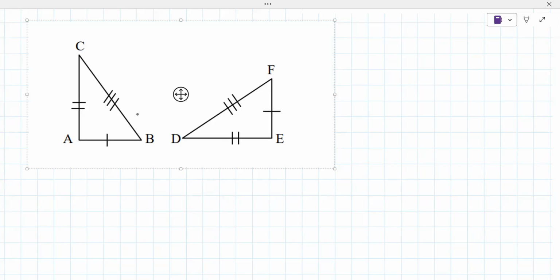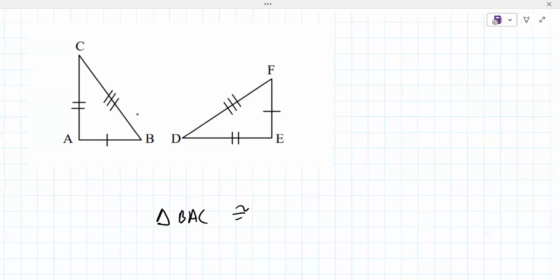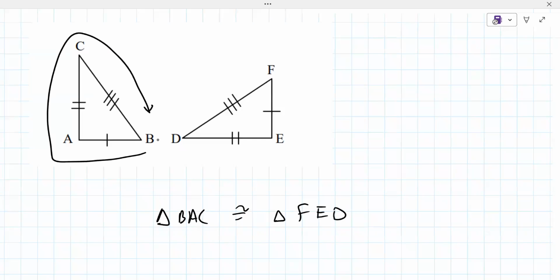Triangle BAC is congruent to triangle FED. Like this. So B to A to C and back, and then F to E to D and back. That is correct.